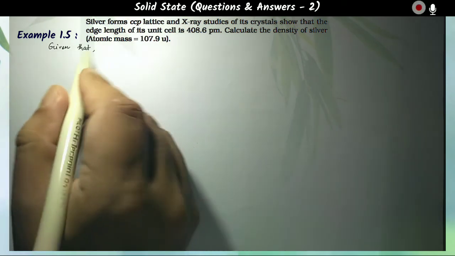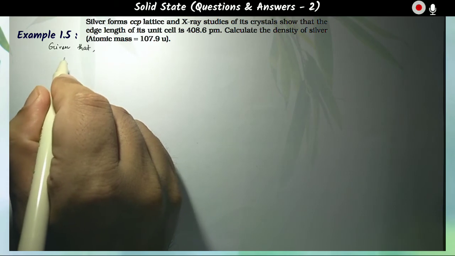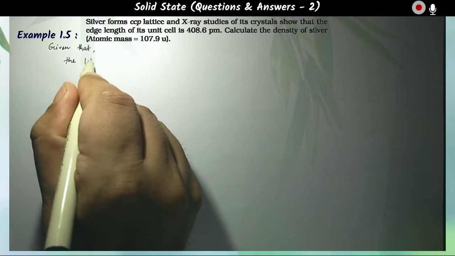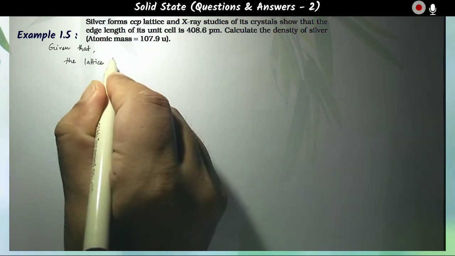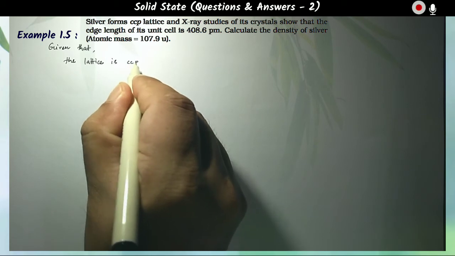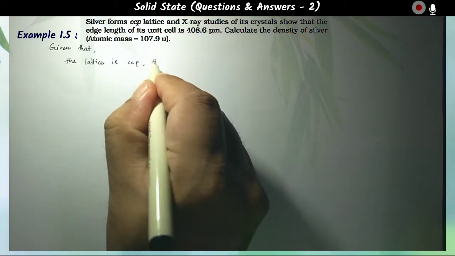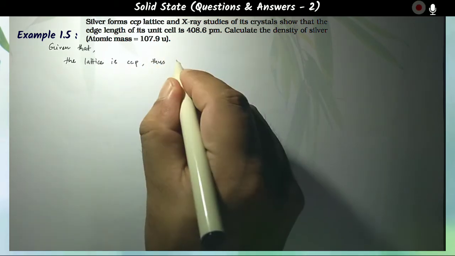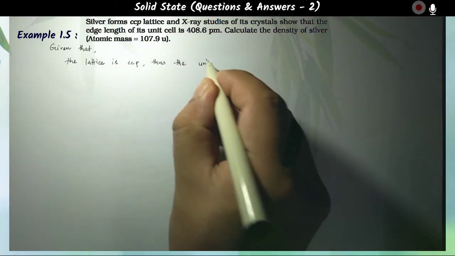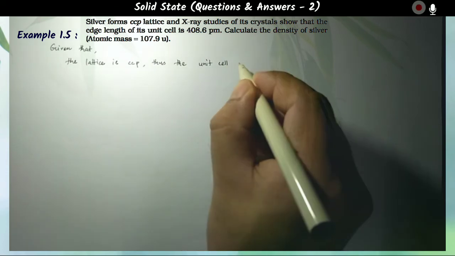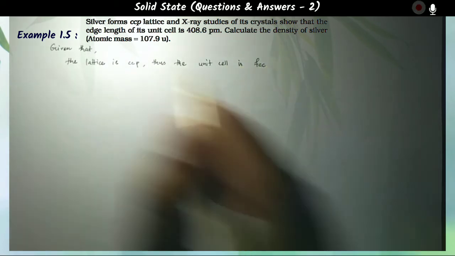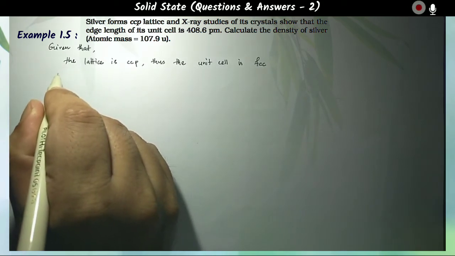Given that the lattice or the 3D packing is CCP, thus the unit cell is FCC.